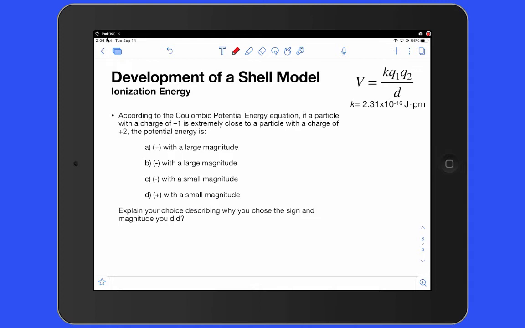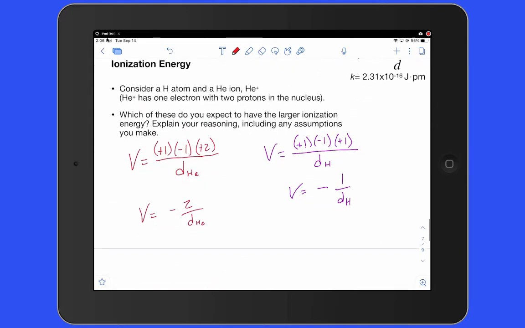Okay, development of shell model, ionization energy. According to the, oh wait a minute, back up. Did we do this already? Had we done this right here? Yeah, we have.